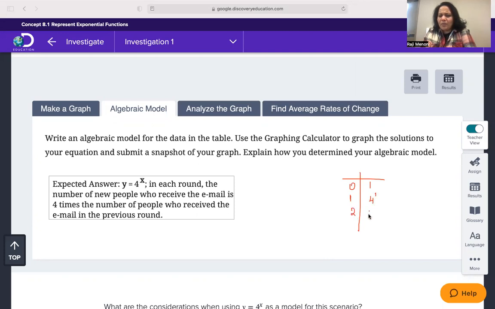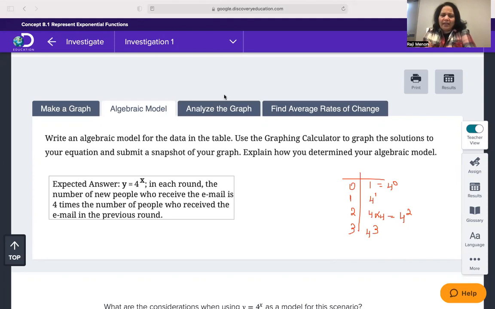The second is 4 to the power of 2, because I told you it's multiplied by 4 times 4, which is 4 to the power of 2. That's why they're getting the function like that. Then 3 is 4 to the power of 3. As simple as that. And this one is 4 to the power 0, because 4 to the power 0 is always 1. So that is y equals 4 to the power of x.